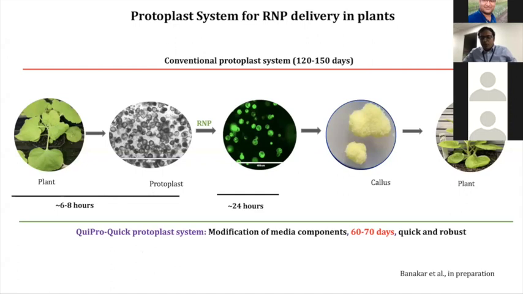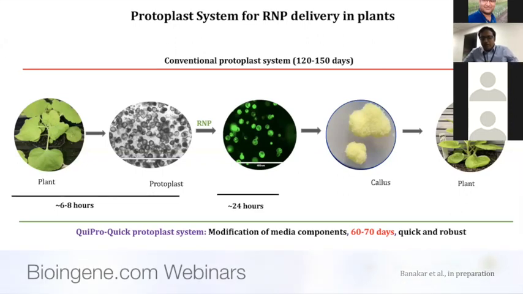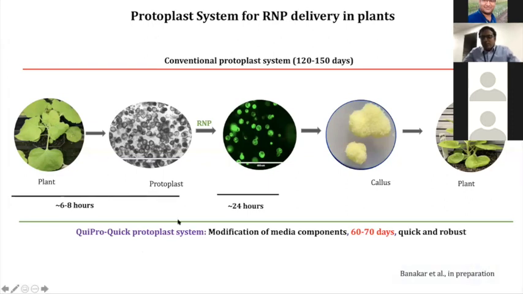For example, even though a lot of people have reported protoplast regeneration in rice and corn previously, it was not explored further after the agrobacterium mediated transformation came in, or biolistics came in. Another disadvantage is that the protoplast regeneration system takes a lot of time.